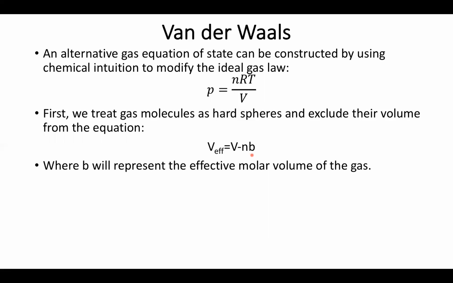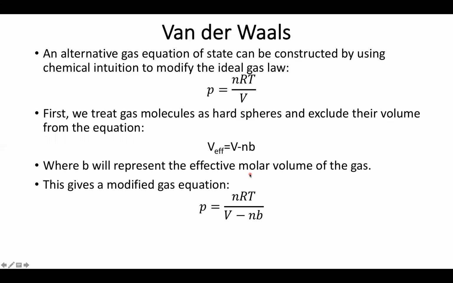So we can input this volume term into our equation, and we get a first approximation modified gas equation, where our pressure is now given by nRT divided by the actual volume that the gas has to move around in.